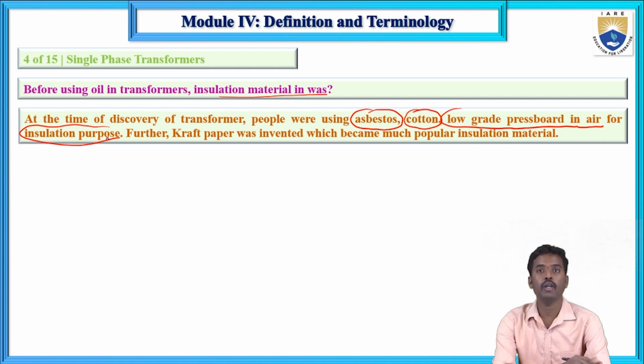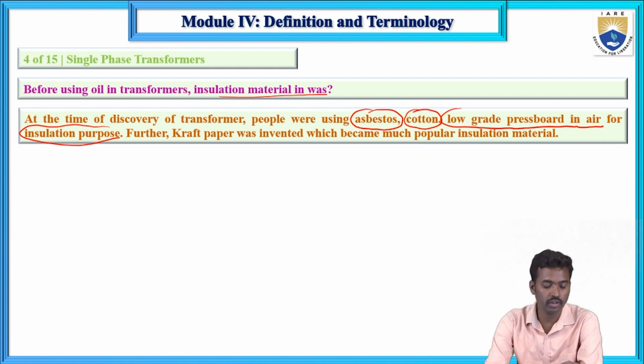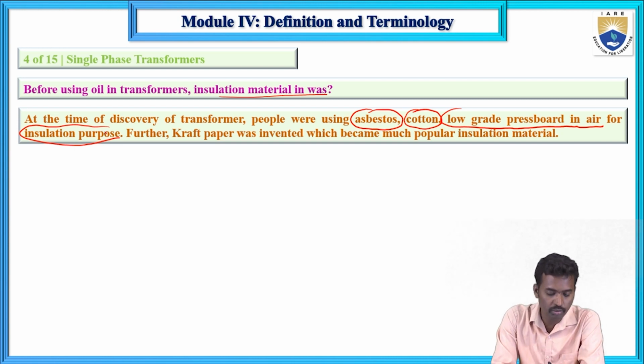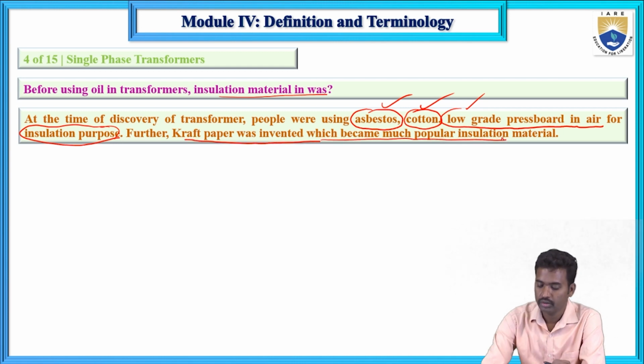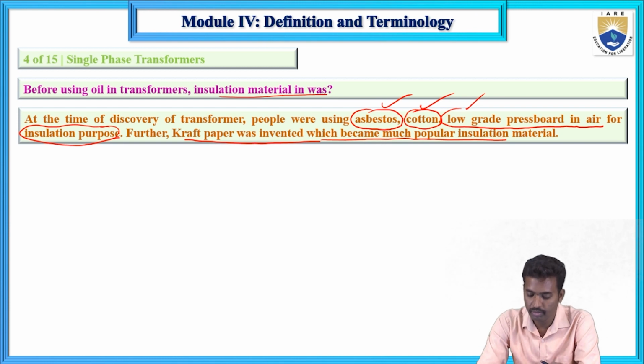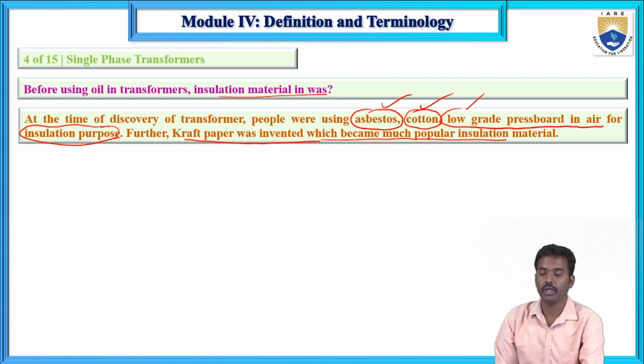Earlier there was only insulation purpose, no cooling purpose, and these three materials were used. Further, kraft paper was invented, which became a much popular insulation material.